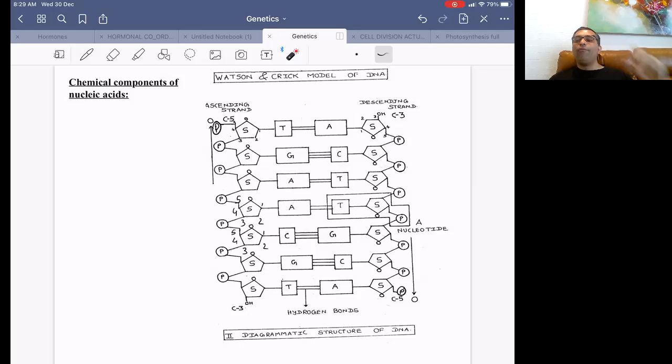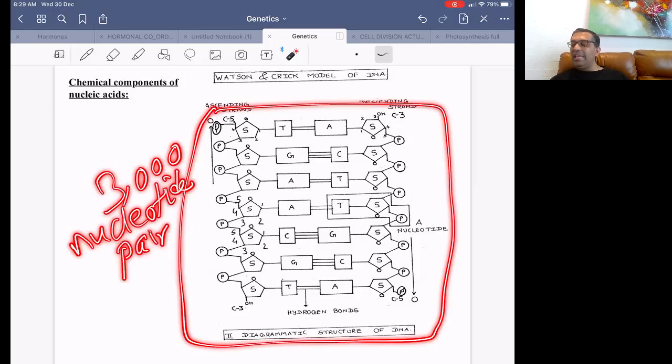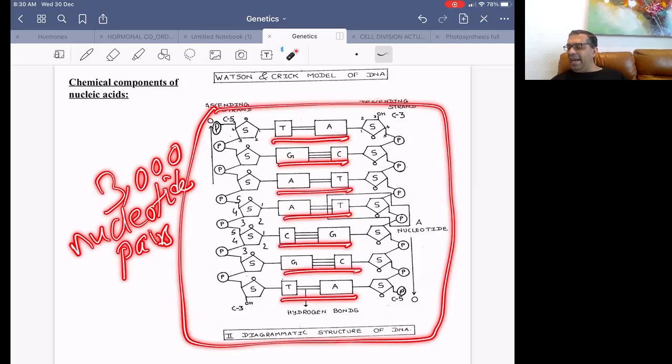Suppose you have the gene for color of eye. Gene for color of eye found on chromosome number 1. It consists of approximately 3000 nucleotide pairs, and समझो the sequence of nitrogen bases is TA, GC, AT, AT, CG, GC, TA, AT, AT, GC, GC, TA, TA, TA, GC, GC, GC, TA, TA, TA, GC, GC, AT, AT, AT, TA, TA, and so on.